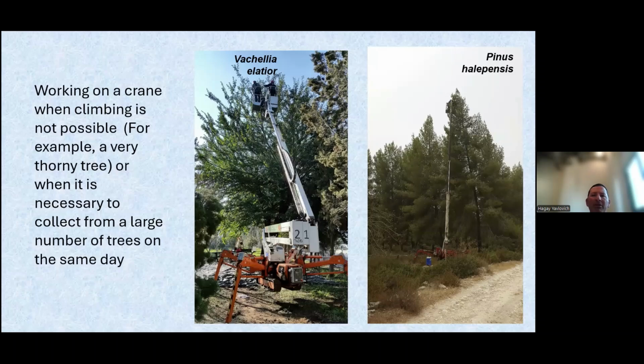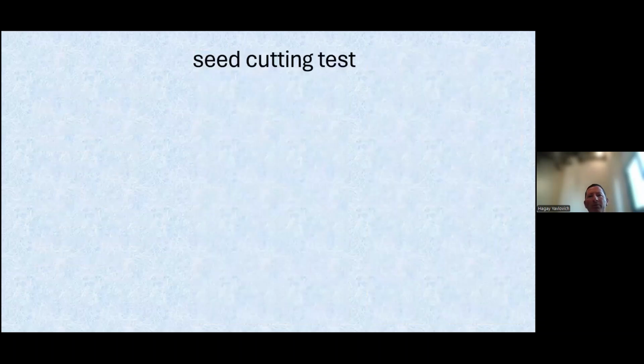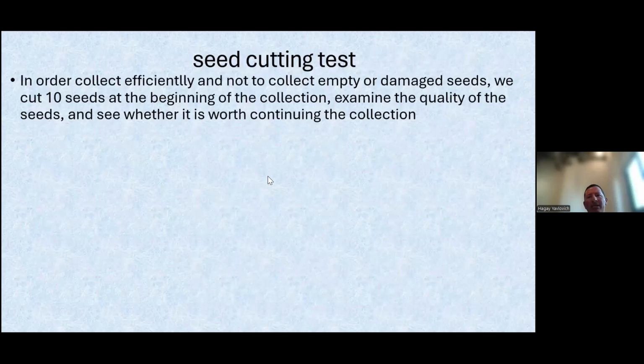Okay, something important when you collect the seeds. Sometimes people collect seeds, and after they bring all the seeds home, they understand that all the seeds they collected are empty or not good. So one of the first tests you have to do is called the cutting test.